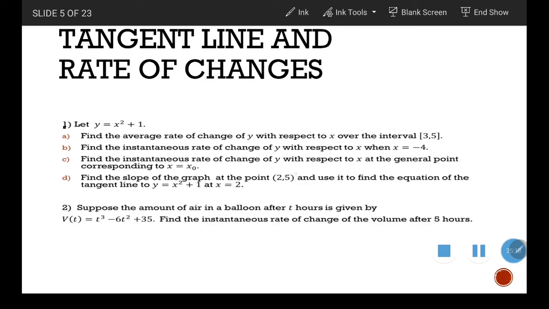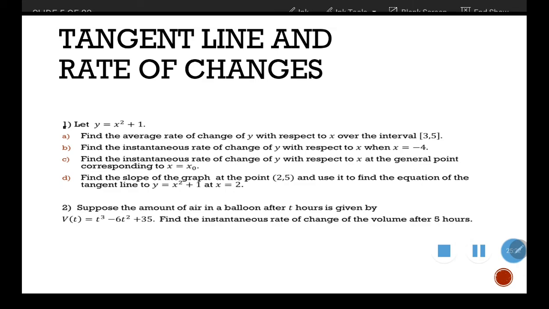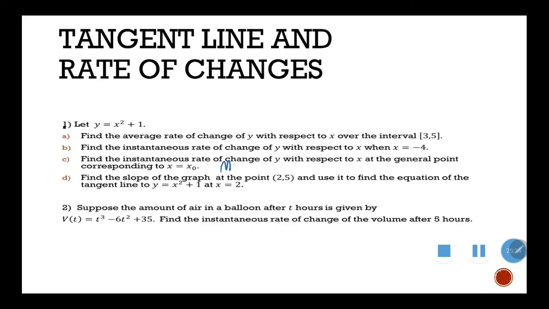Here we have a general point corresponding to x0.